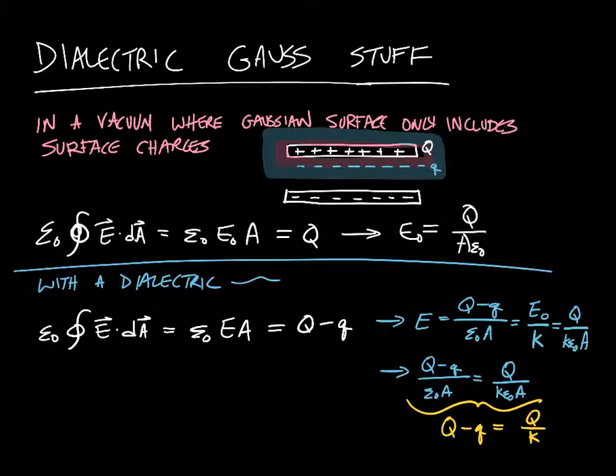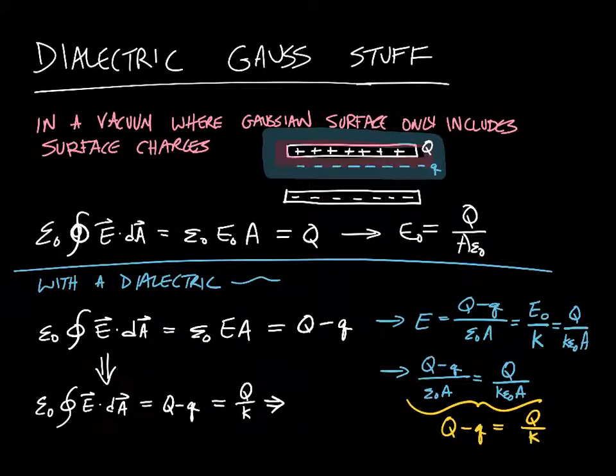If it's the case, and it is, we'll just bring this down here. So epsilon naught integral of E dA is going to equal this Q minus q, which we just figured out is Q per kappa.